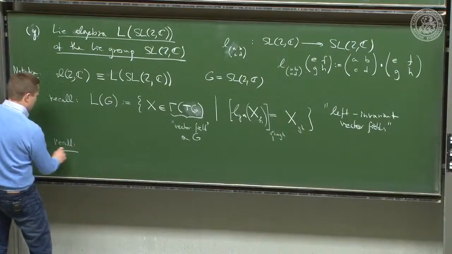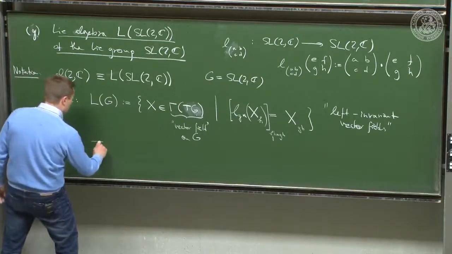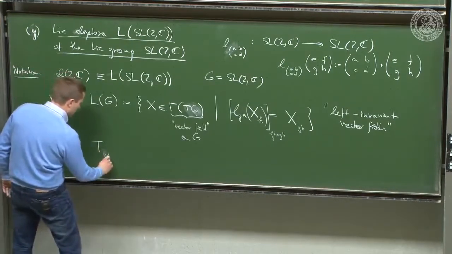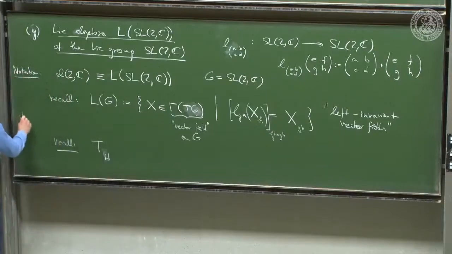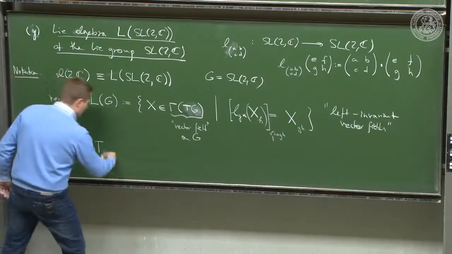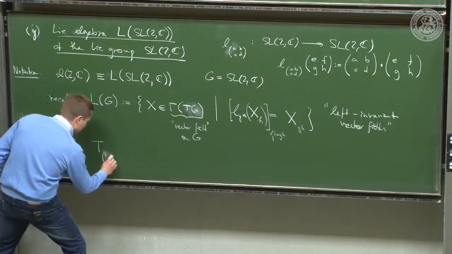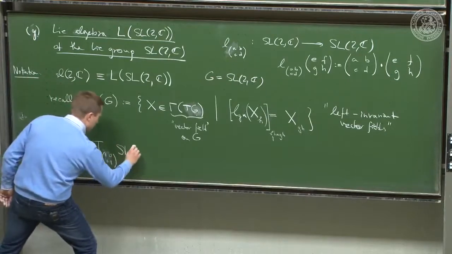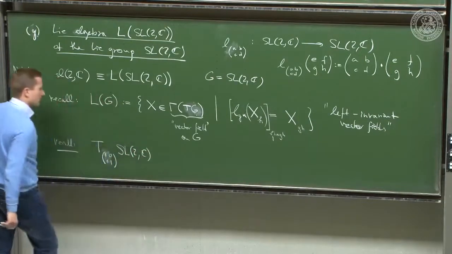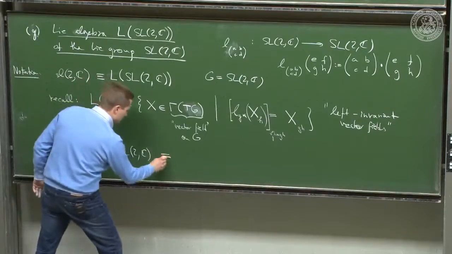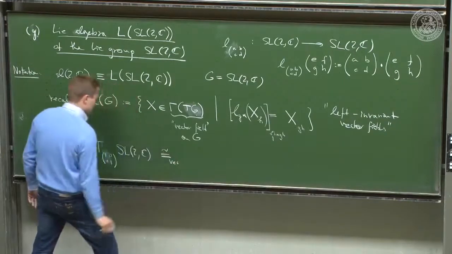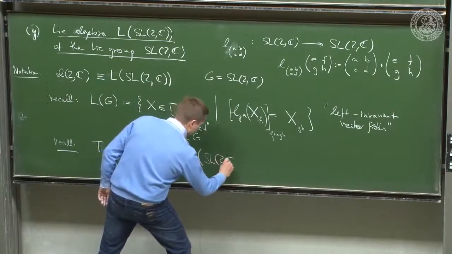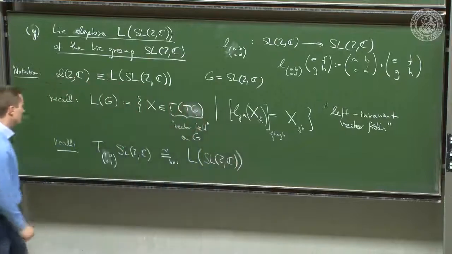Recall that there is an isomorphism between the tangent space at the identity, in our case the matrix (1,0,0,1), to the group SL2C, as a vector space, and the left invariant vector fields of SL2C. Do you remember this result?